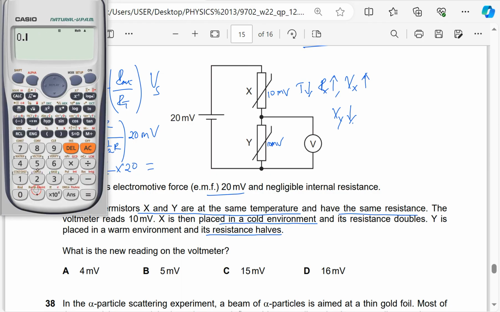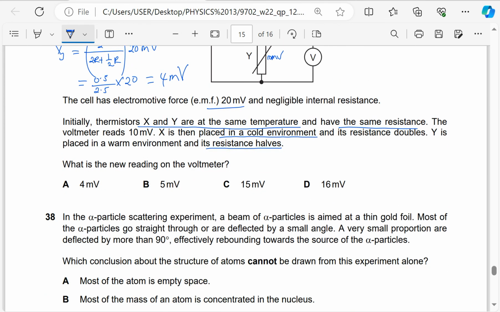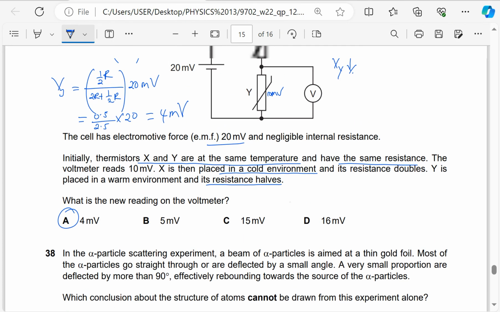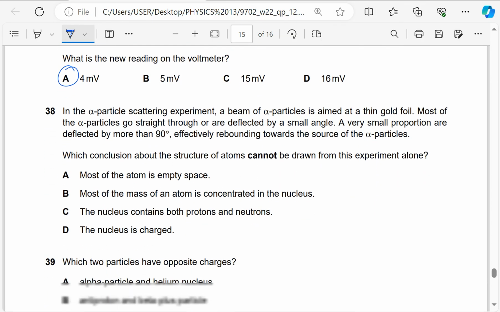So you can check 0.5 divided by 2.5 times 20 gives us 4. So this is 4 millivolts, and the answer is A. You could find the PD across X using the same method, then subtract it from 20, and you get the PD across Y.